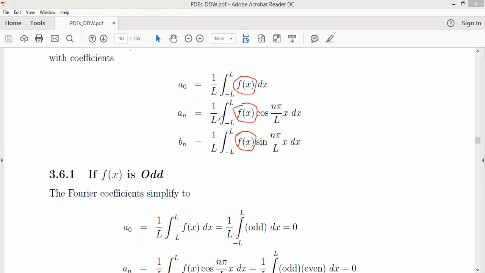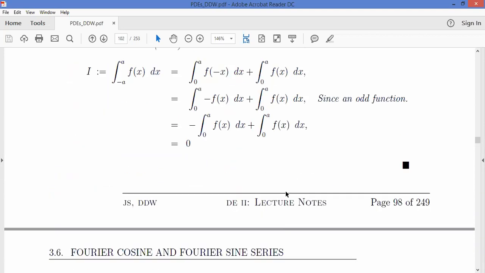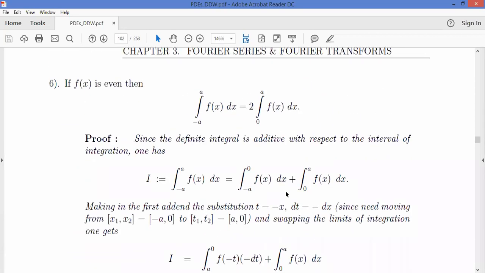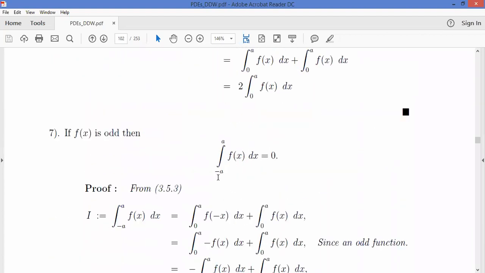And remember in property 6, for those who may have already forgotten, we said that the integral over the full range from minus L to L of f(x) odd would give you 0. This is calculus 2. That if you integrate from minus a to a of f(x) dx, that would give you 0 if the function is odd. I think I'm clear there.